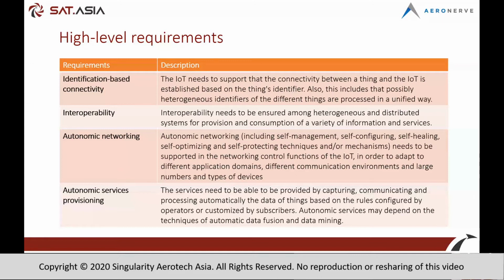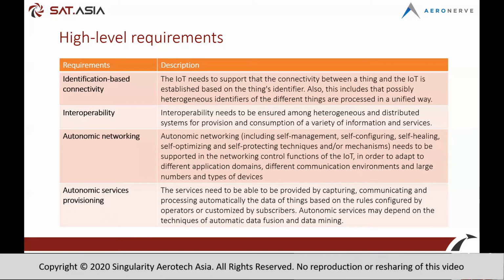Okay. The second requirement is interoperability. That means it needs to be ensured that these devices must be able to work with other devices in a different manner, in a different connection, for example.